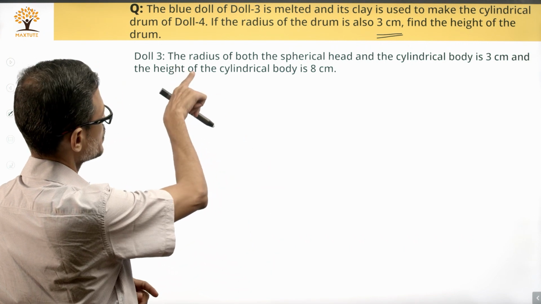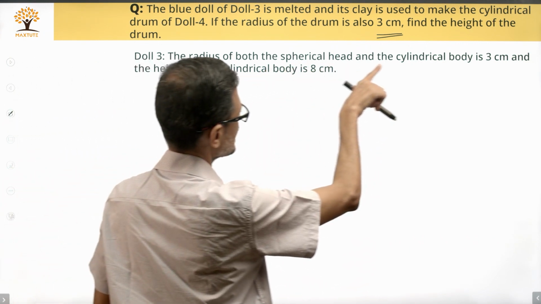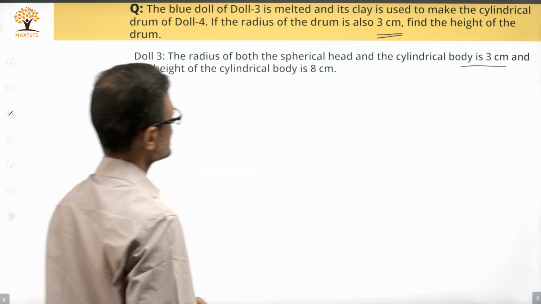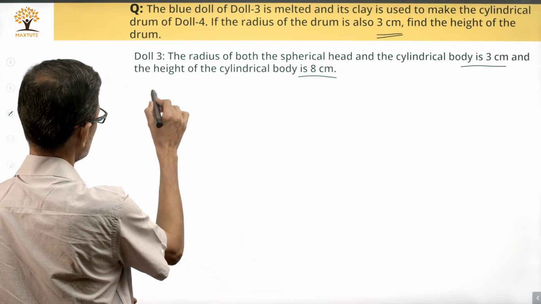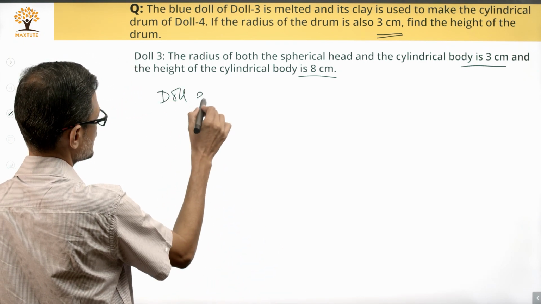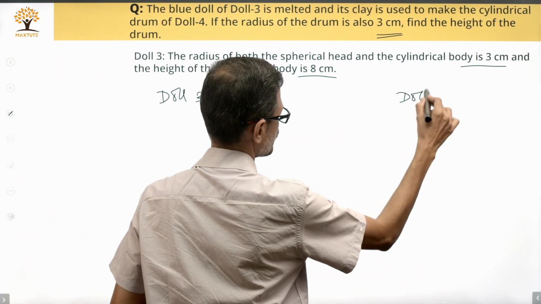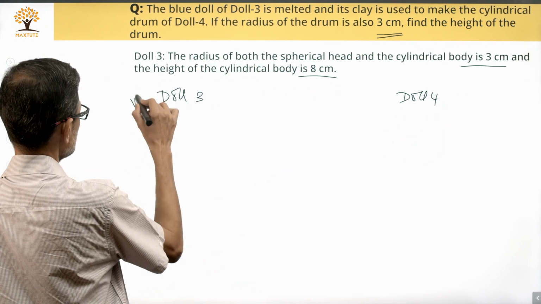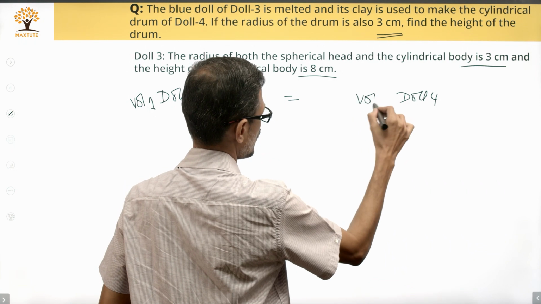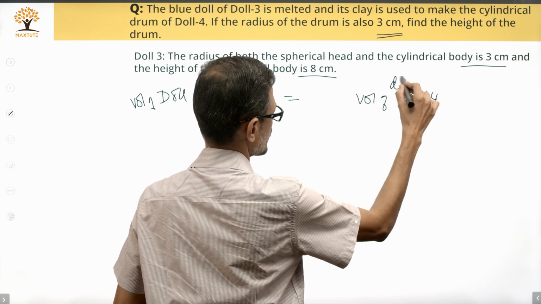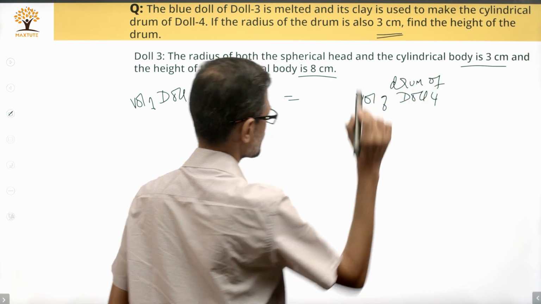What we know about this blue doll is that its spherical head and cylindrical body both have a radius of 3 centimeters and the cylindrical body has a height of 8 centimeters. So doll 3, we'll write it down here, and this we'll say is doll 4. Volume of doll 3 is equal to volume of drum of doll 4.